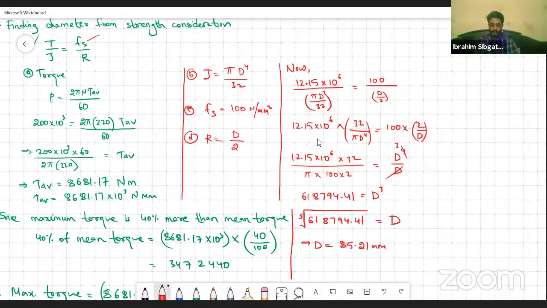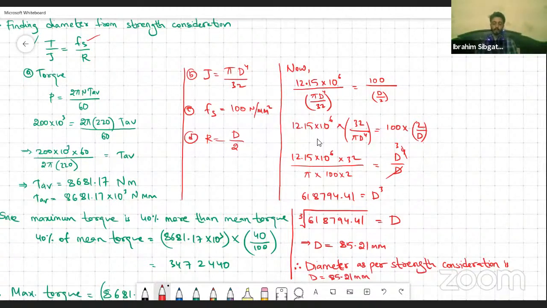Okay, so now let's finish this case. Therefore, diameter as per strength consideration is D equals to 85.21 mm.